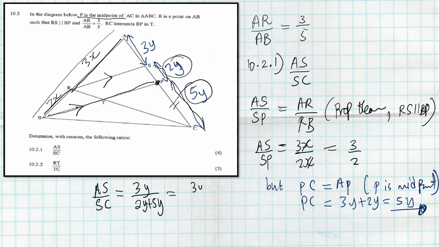So this will be 3y over 7y. y and y cancel each other. 3 over 7. So you should also be going back to your diagram and filling those missing ratios or lengths, so that you can integrate and combine and get the ratios of this.